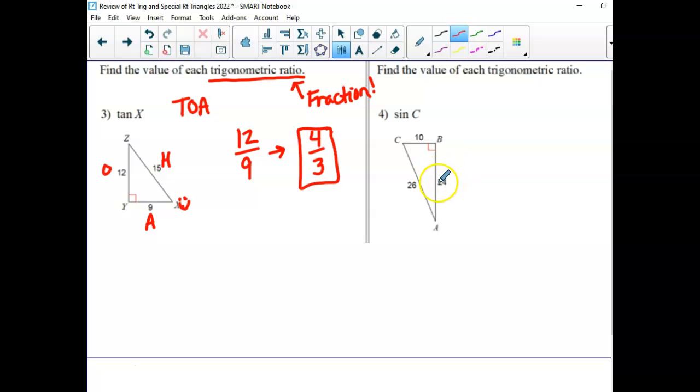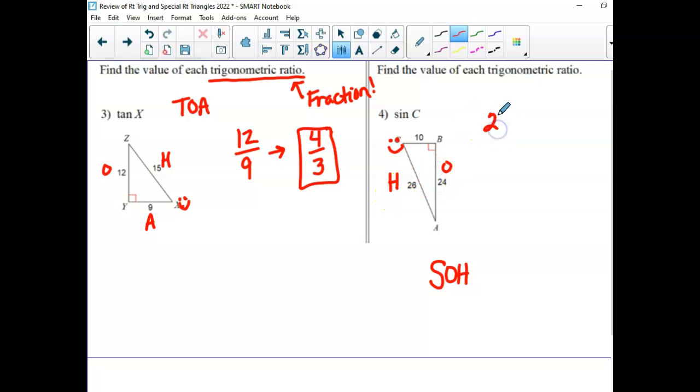That seem okay? So the sine from C means if we are standing at C, how do you write sine? Opposite over hypotenuse, or SOH, okay? So the opposite on this picture is the 24, and the hypotenuse is the one across from 90 here, the longest, or the 26.